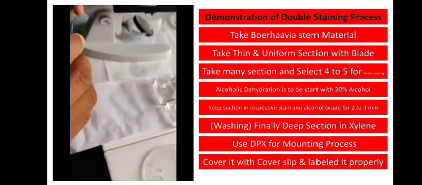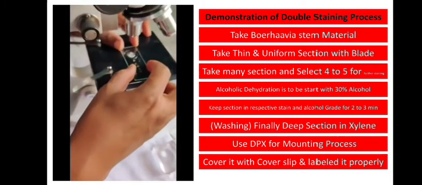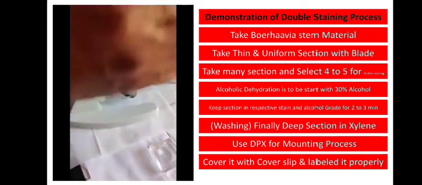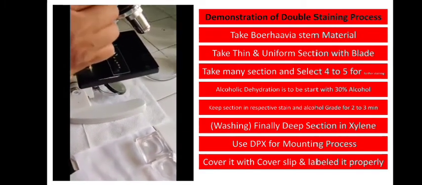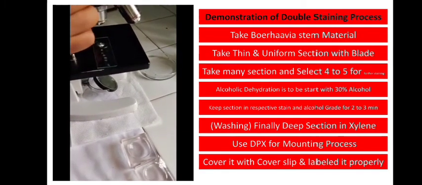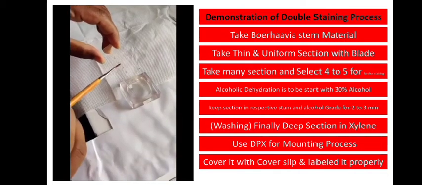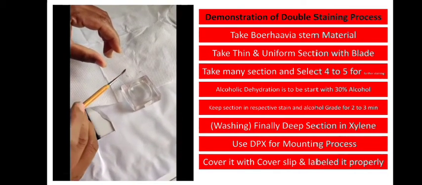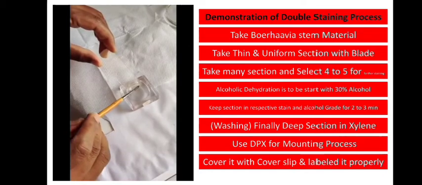And observe them under the microscope in order to select the best section for further staining process. Let's start gradual dehydration process by transferring these sections in a cavity block.